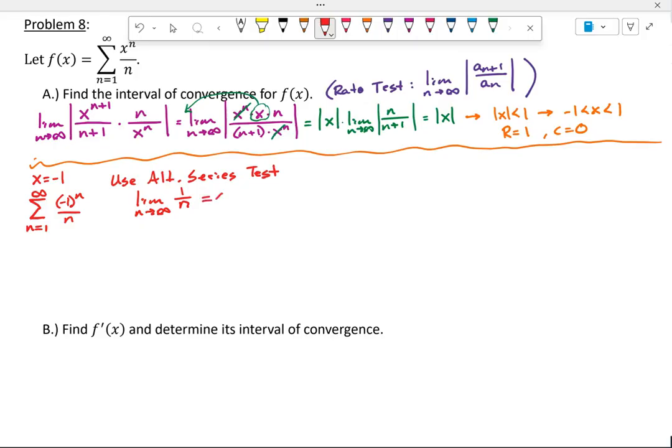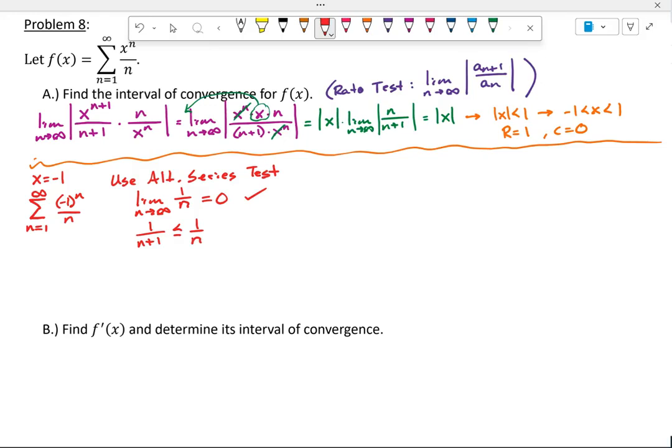Equal to 0. Is that equal to 0? Yes. Okay, what else do we need to do for the alternating series test? I have 1 over n plus 1, and what do we have to have that be less than or equal to? 1 over n. Is that true?